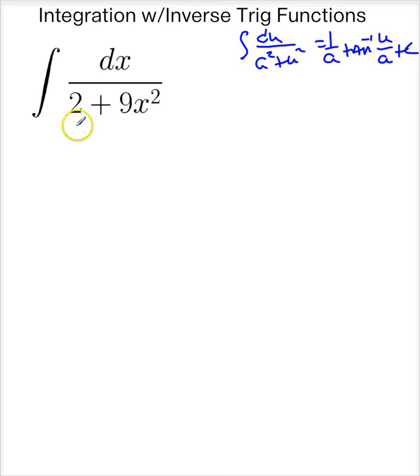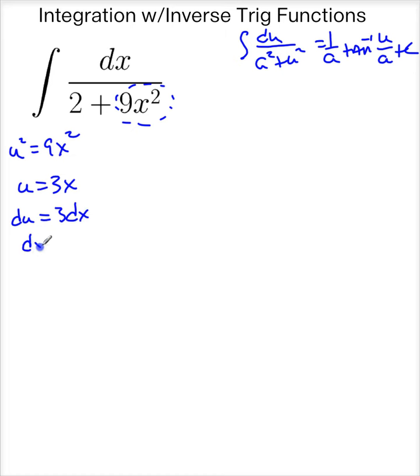All right, so now let me come over here and find u. U squared is 9x squared, because you always take the one that's got the variable in it. So u is 3x, and du is 3 dx. So I'm going to solve this for dx. Dx is du divided by 3.